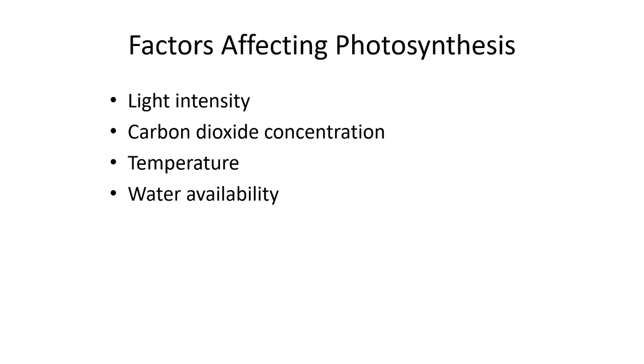What are the factors which affect photosynthesis? Light intensity: if the light is not in optimal condition, it definitely affects the process of photosynthesis in the longer run. Carbon dioxide concentration: whether it is high or low, it matters, because carbon dioxide is a very important molecule required for the process.